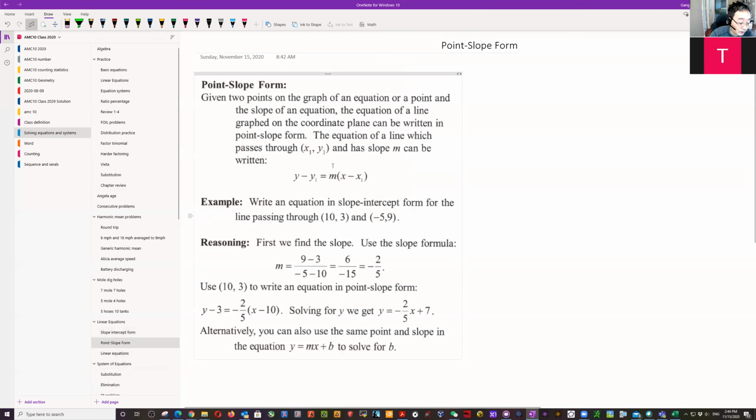Then there's another one, the point slope form. Point slope form is a little bit different from the slope intercept form. It gives you a point and gives you a slope, and you have to deal with it. If you have difficulty remembering this formula, just remember the definition of the slope.